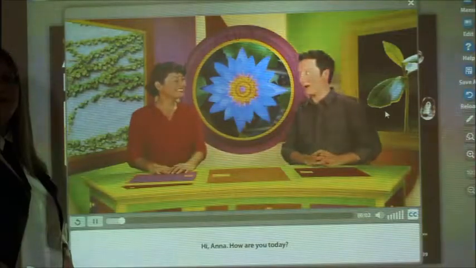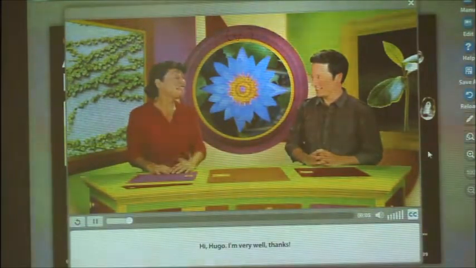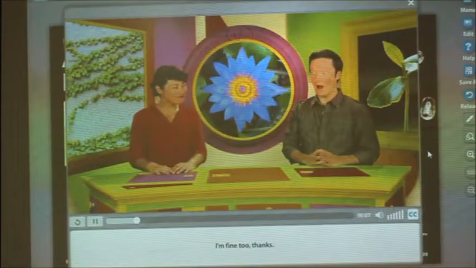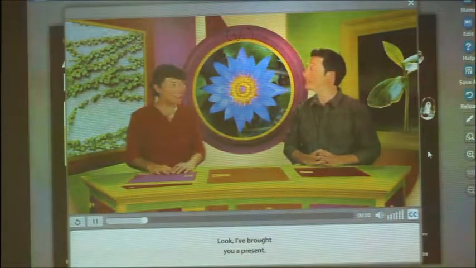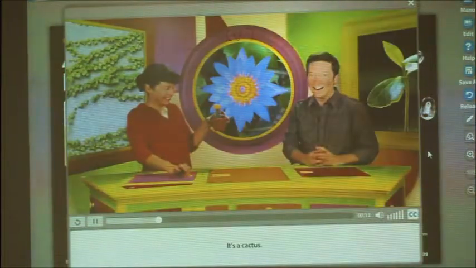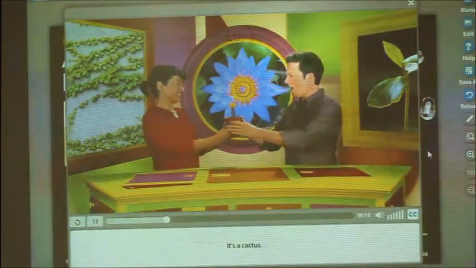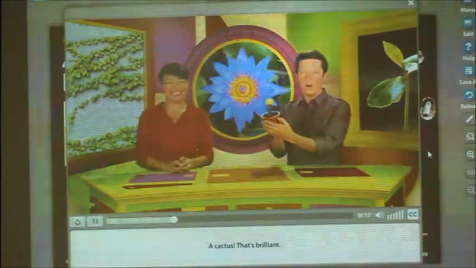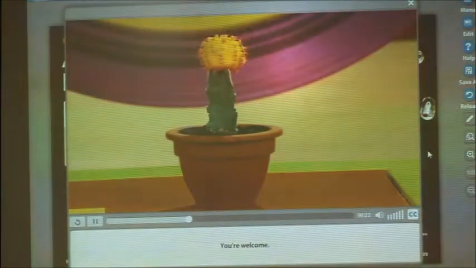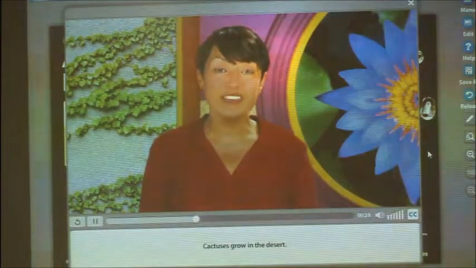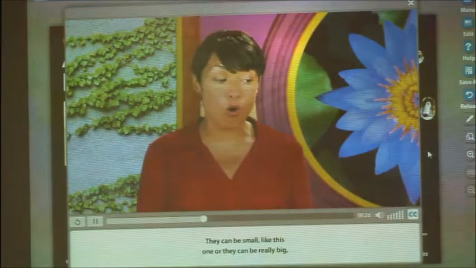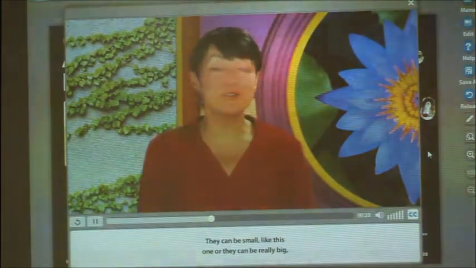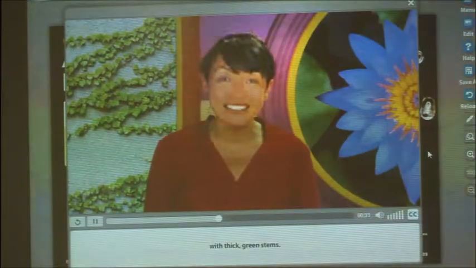Hi Anna, how are you today? Hi Hugo, I'm very well thanks. How are you? I'm fine too, thanks. Look, I brought you a present. It's a cactus. A cactus? Oh wow, that's brilliant. Thanks Anna. You're welcome. Cactuses grow in the desert. They can be small, like this one, or they can be really big with thick green stems.